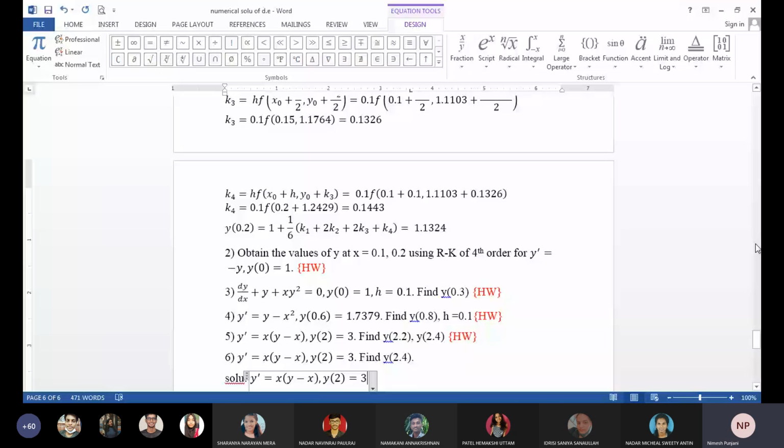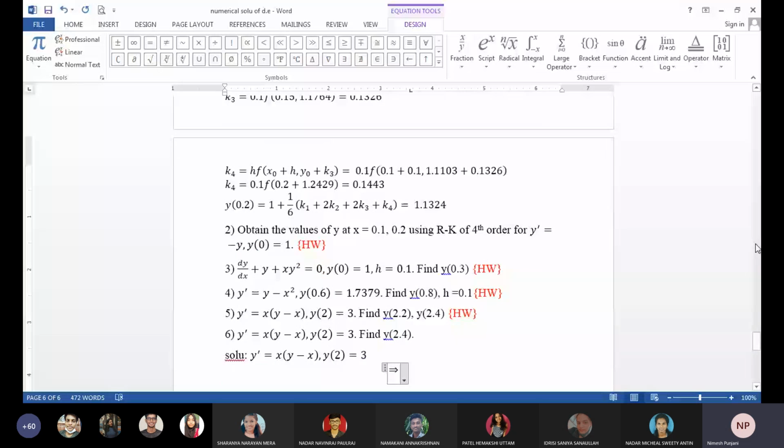Initial condition is given as y of 2 equals 3. So tell me, what is your f of x comma y? x into y minus x.